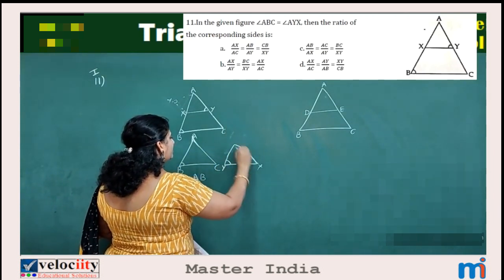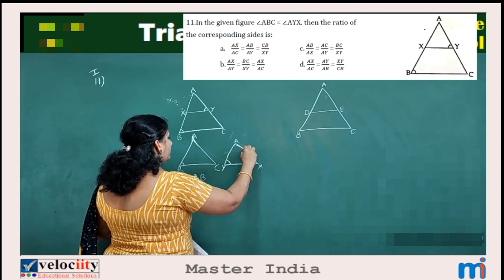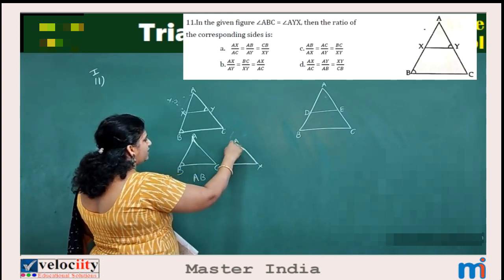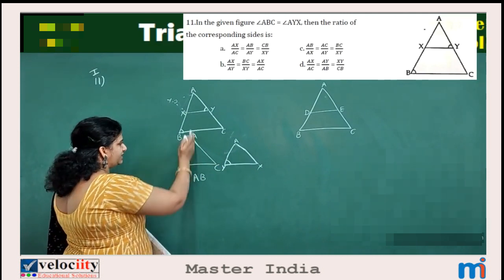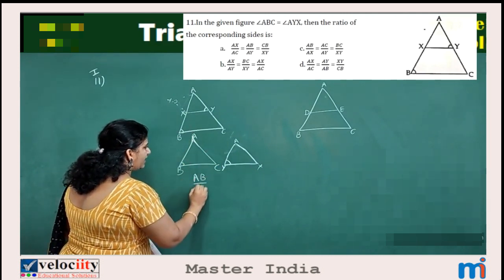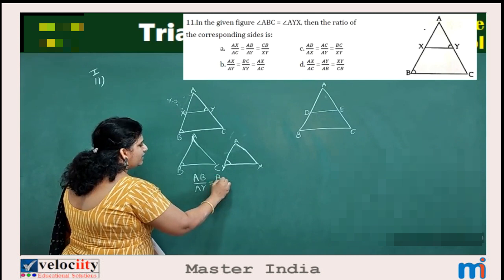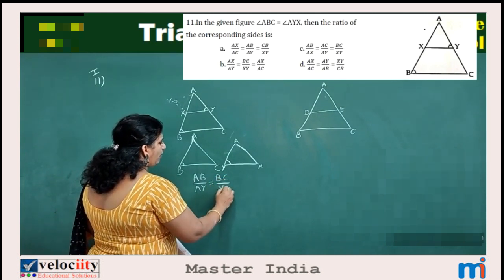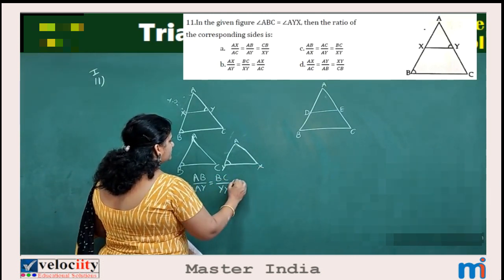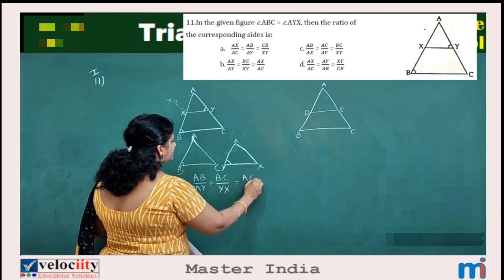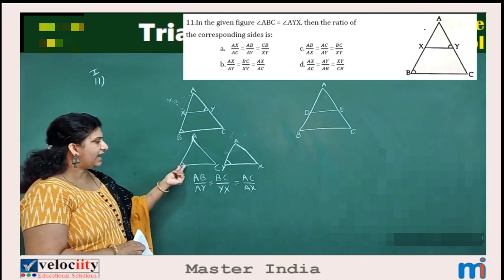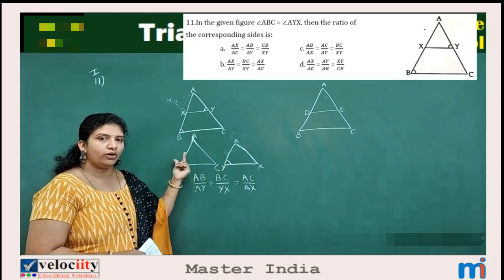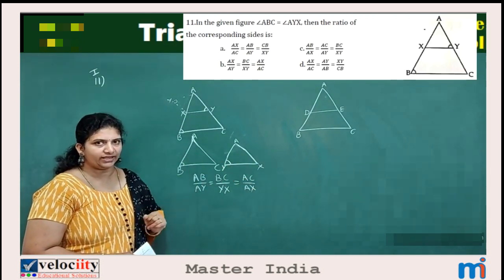If you want, you can reduce the size. This is the small triangle A, Y, X. Now compare the corresponding sides. AB by AY, BC by YX is equal to AC by AX. This angle is equal, given, so accordingly I am comparing the two triangles.